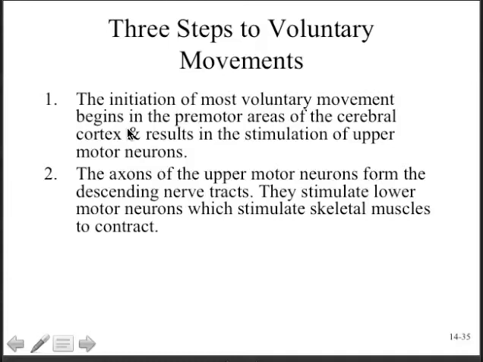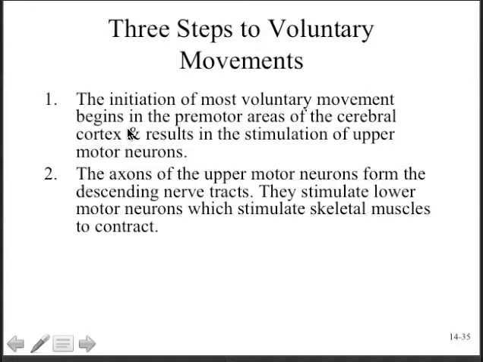The next thing that happens when the movement actually is executed is that those areas in the motor association area that have received the intention to act will send their completed plan to the primary motor cortex, which will in turn convey via the upper motor neurons the electrical signals that are going to descend through the brainstem and the spinal cord and ultimately out through the peripheral nerves to their targets.